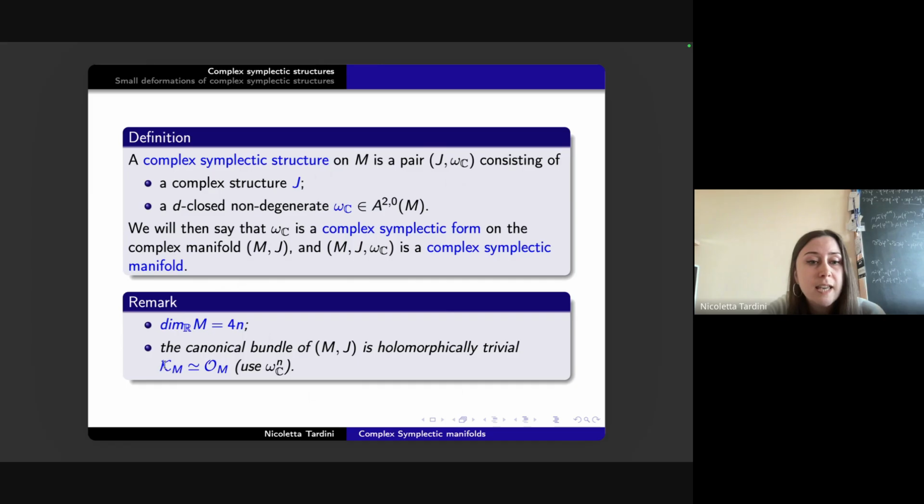Okay, so this K is the canonical bundle, so it's a bundle of (2n,0)-forms, if the real dimension is 4n, and it is trivialized globally and holomorphically by using this omega C, because you take omega C to the top power n, and this is nowhere zero, and it's closed. So this means that immediately you see that these structures cannot exist on any complex manifold, okay?